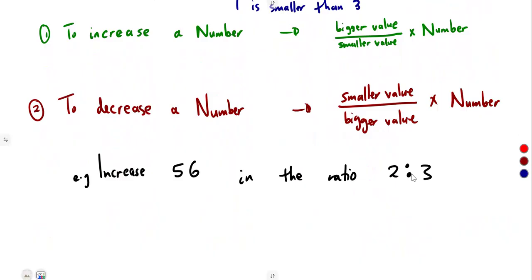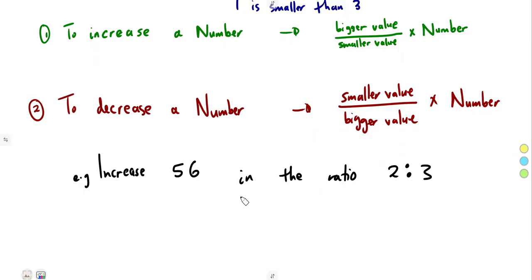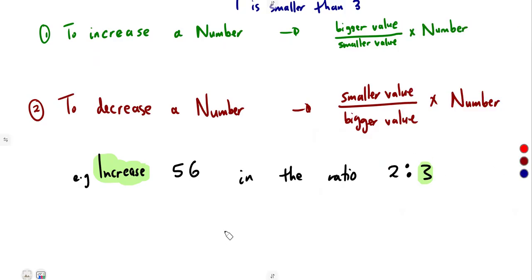I said to increase, you take the bigger value of the ratio. So comparing 2 and 3, we can see that we are having 3 as the bigger value. So it's a comparison to be made. Here, increase. What is the bigger value there? It is 3.